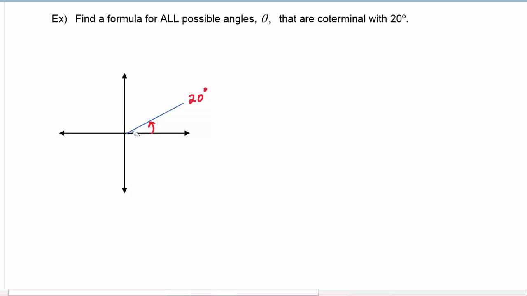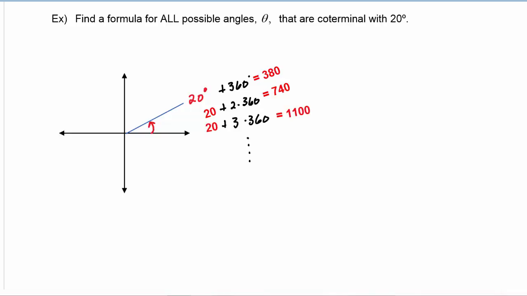So in other words, if I'm at the 20 degrees, I have to add 360 degrees more to get back there, or I could go around 2 more times, so I could have added 2 times 360 degrees, or I could go around 1, 2, 3 times more and end up there, on and on and on.